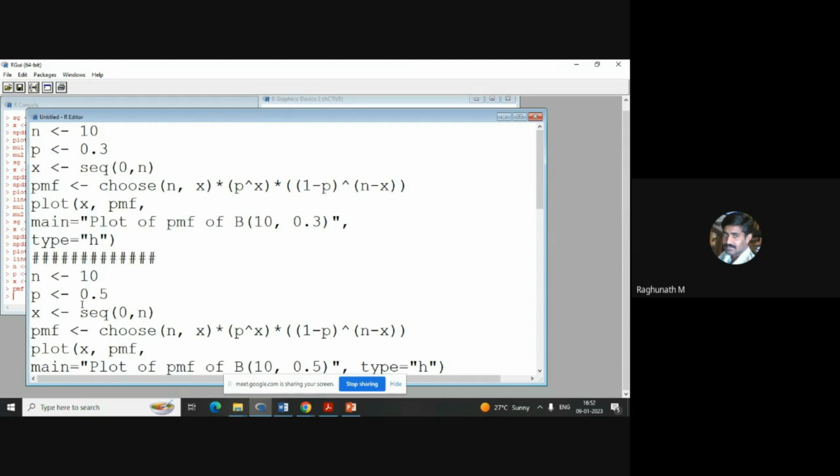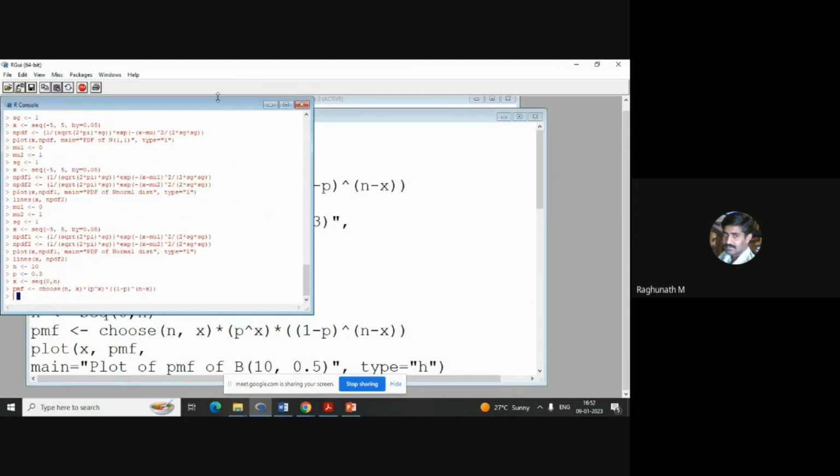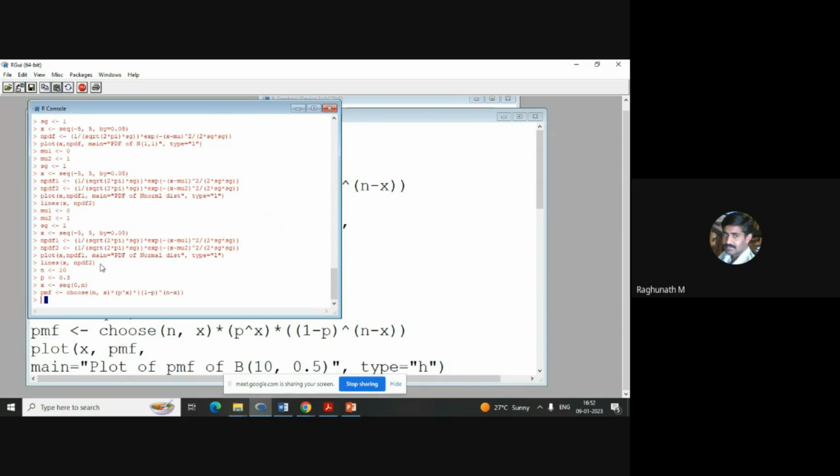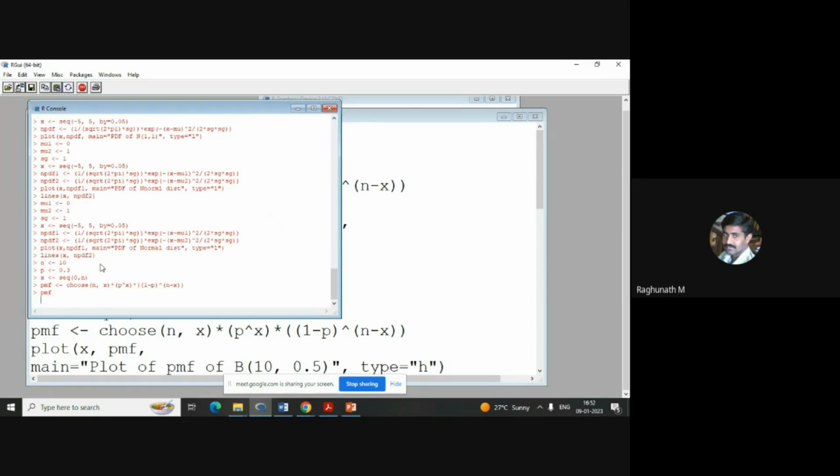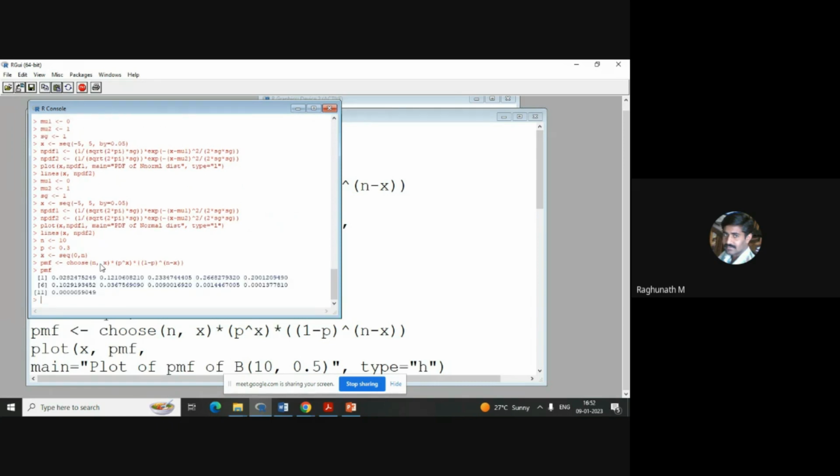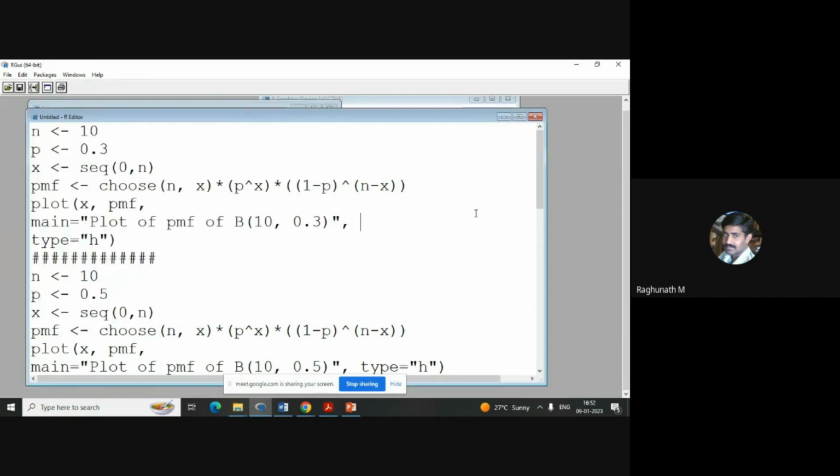I'm not going to plot. Look at the PMF. Now in this R console, if I type PMF, I'm getting all the 10 values. Here I have not used any inbuilt function because I have typed the entire function for the PMF. There is a standard command, that is what I am telling you.